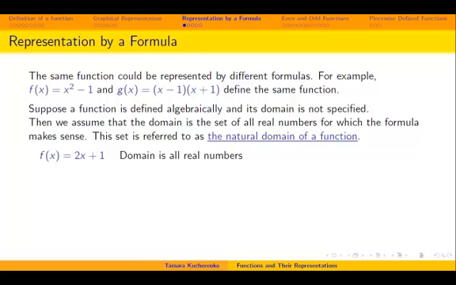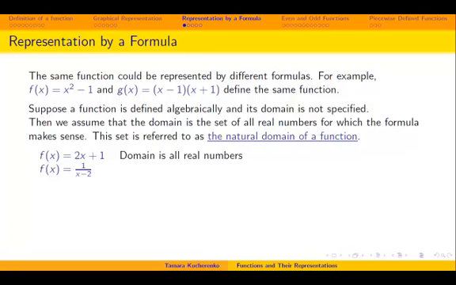Now let's look at the function 1/(x − 2). The domain is all the values that x is allowed to take on. The only problem we might have with this function is division by 0. The only value of x which makes the denominator 0 is 2.